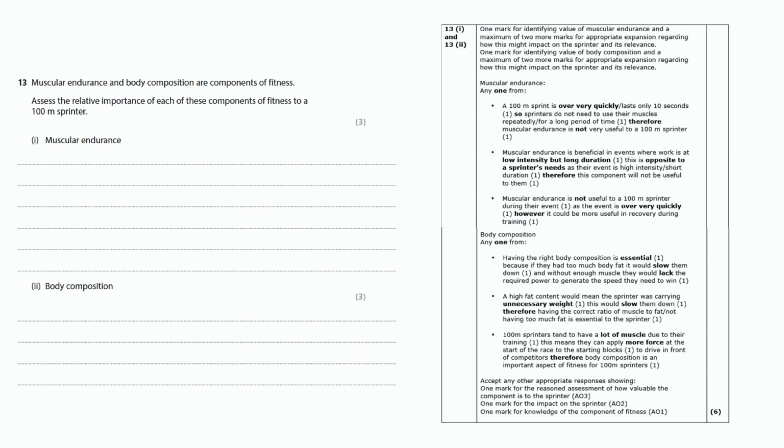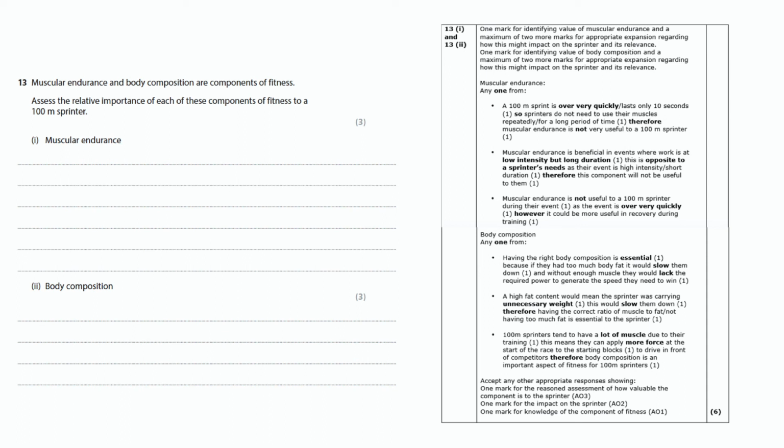Body composition then, so exactly the same. First, we need to say what it is. Body composition is an individual's percentage of bone, muscle and fat. We need to discuss the 100-metre runner. A 100-metre runner must have a high percentage of muscle as part of their body composition.